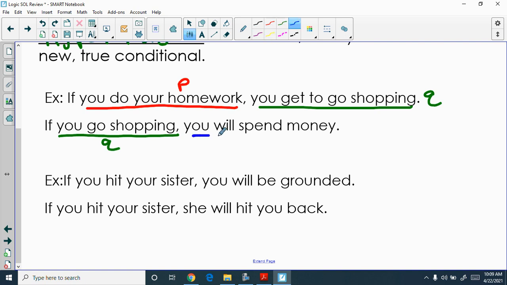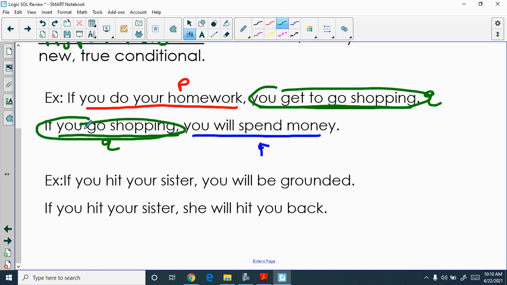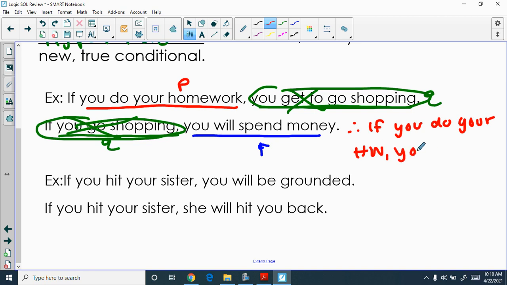That's our new piece, which would be R. So notice that my conclusion matches my hypothesis. So we can take those out and combine P and R. So our statement would say, therefore, if you do your homework, you will spend money.